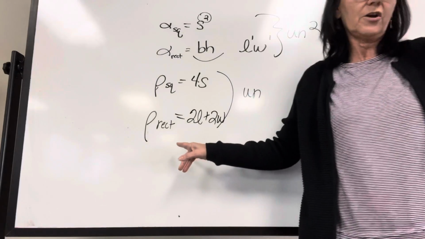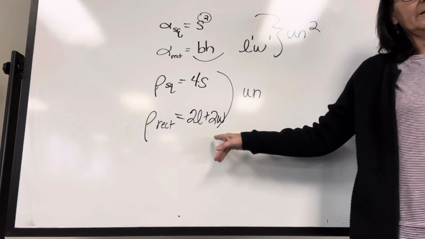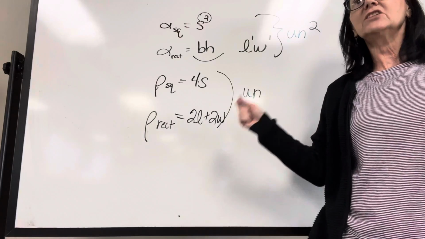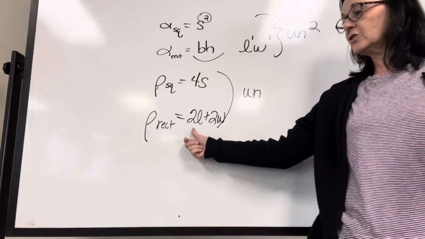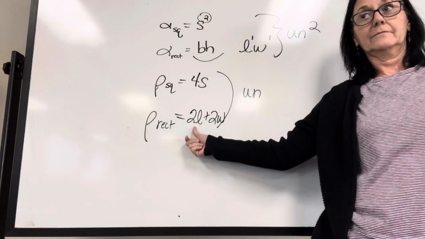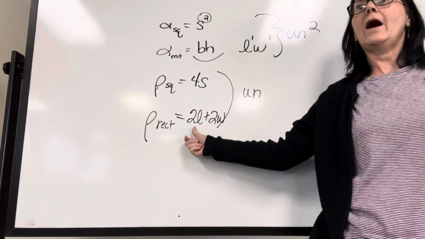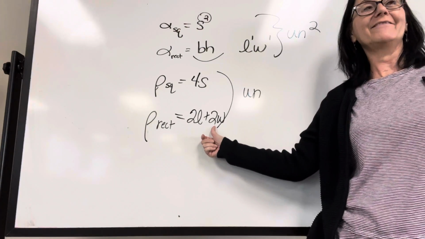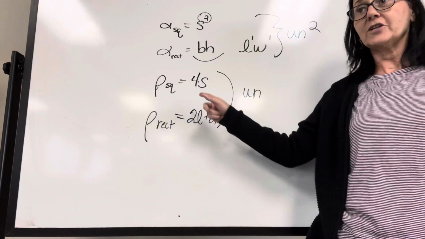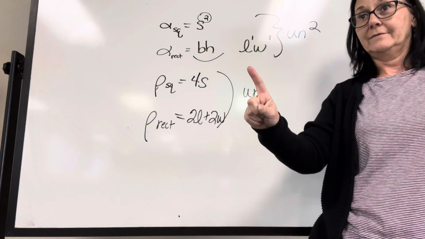Let's look at this in terms of degrees. The degree of any equation is the degree of its highest term. Okay? What's the degree of 2L? 1. What's the degree of 2W? 1. So the degree of this equation is 1.